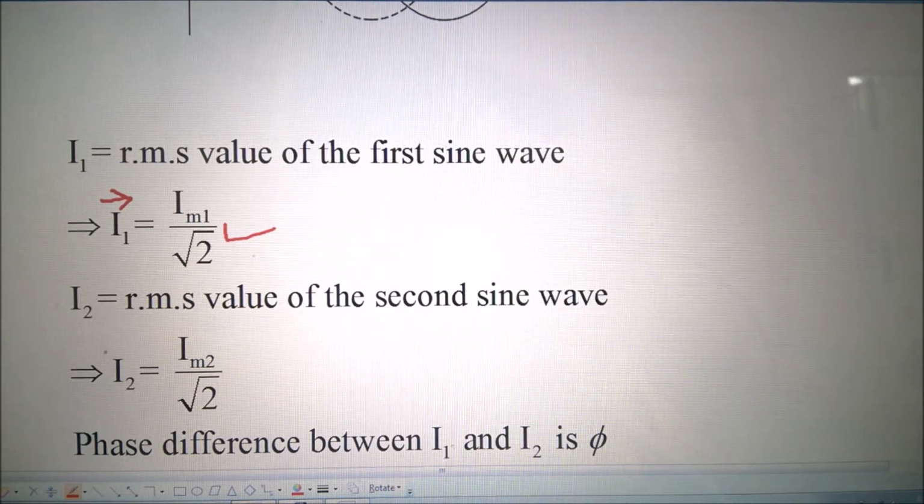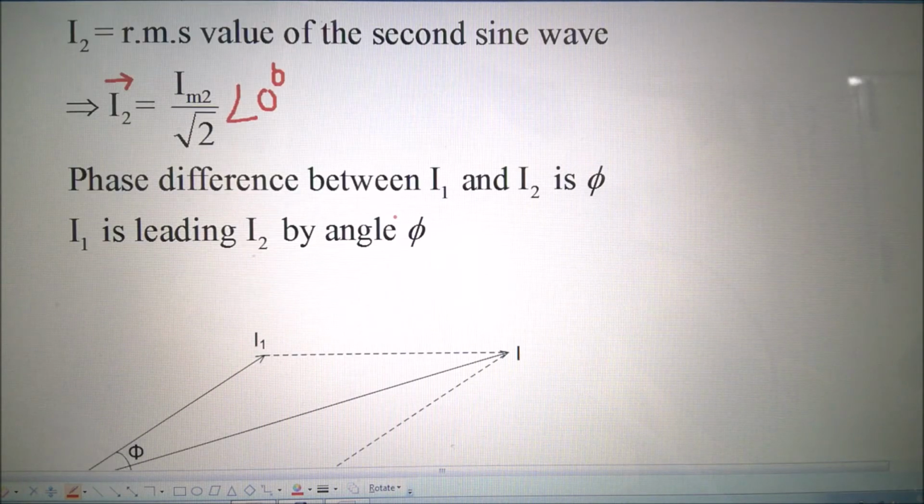Here also I2 is similarly a vector quantity when we give the phase difference. Therefore, I2 will have a phase angle of 0 degrees, and I1 compared to I2 is leading by phi. Therefore, we represent it like this. Now, I1 and I2 are vector quantities.